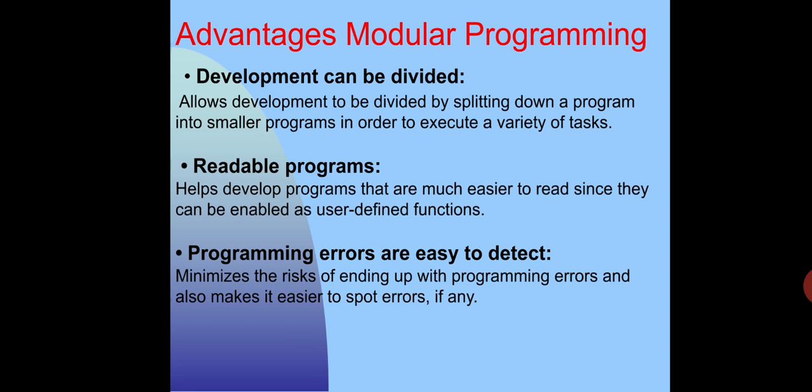As a simple example, if you are writing a C program for arithmetic operations, and you are doing all the arithmetic operations in a single program, if there is any single error, you have to check throughout the program to find where the error is.